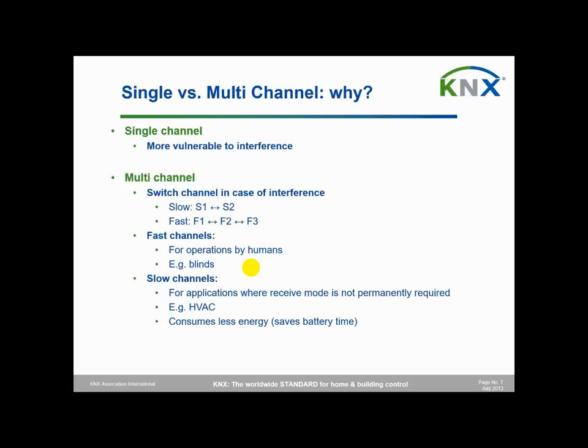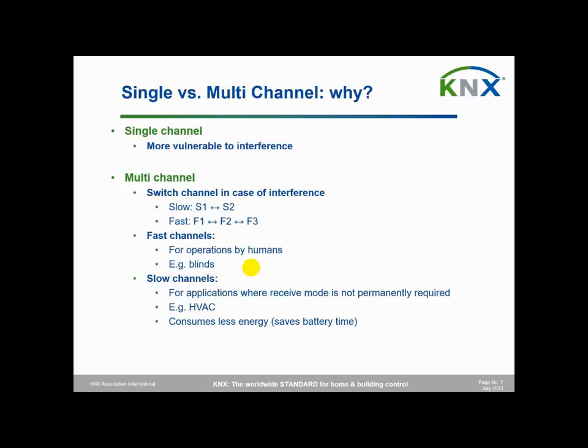Why fast and why slow? Fast channels, it depends on what kind of operation the device is used for. If it is used for operations by humans, then the device shall react quickly, so there shall be a quick response, typically to operate blinds, for example.